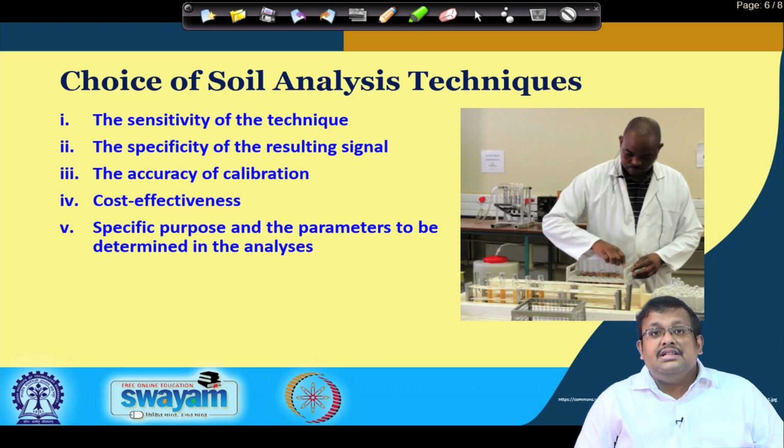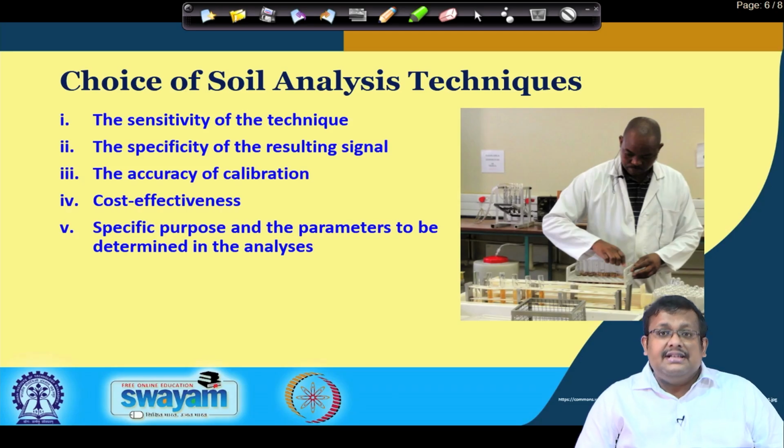Now, the specificity of the resulting signal. One common problem for most of the instruments which we use for environmental sample analysis is that, since the samples are complex in nature, their signals are also complex, and it is difficult to identify the proper signal which you can particularly assign to a particular soil property.